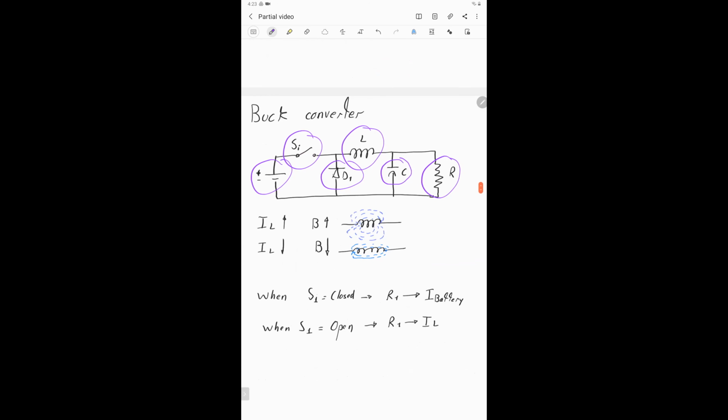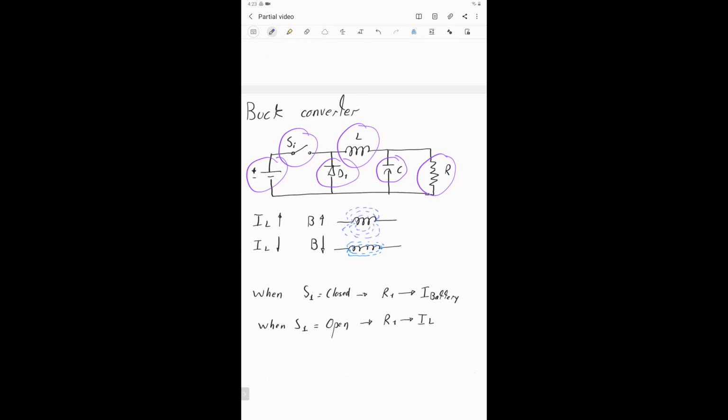When the switch is closed, or when the system is being supplied by the source, the current in the load will tend to be the same as the current delivered by the battery. But once the switch is open, the current of the resistance will tend to be the same as that of the inductance.